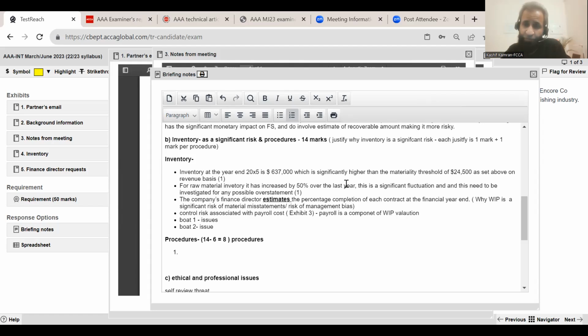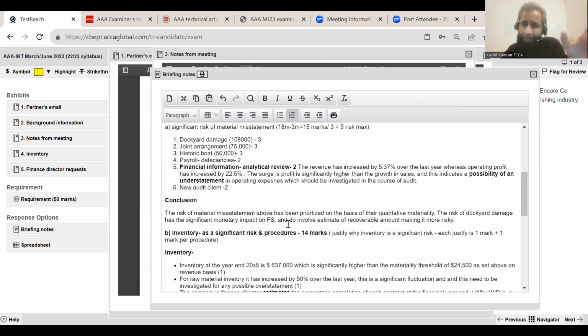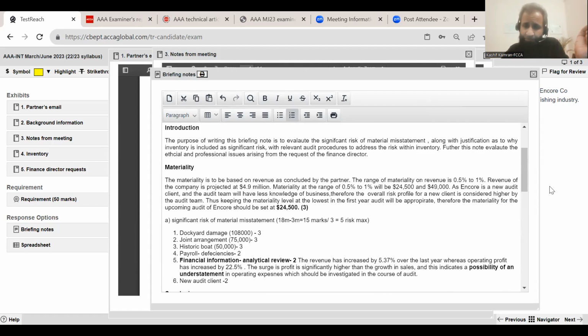And then you need to write the procedures, which have to be case-specific procedures on a given account balance, not journal procedures which you have rote learned on inventory. I hope you understand this requirement. You will read the examiner article attempting the Section A question, and you will be better off in how you go about looking into this requirement.